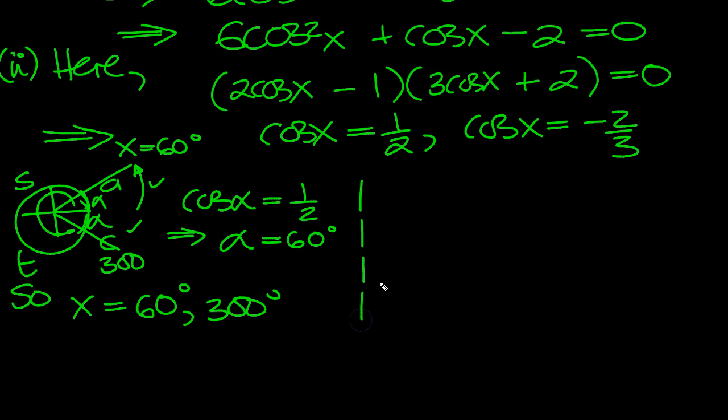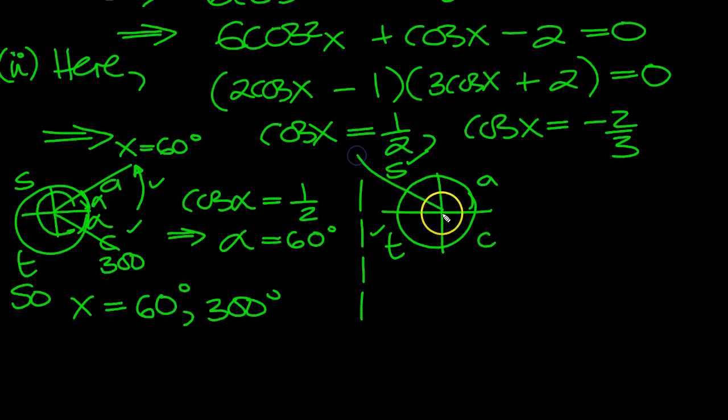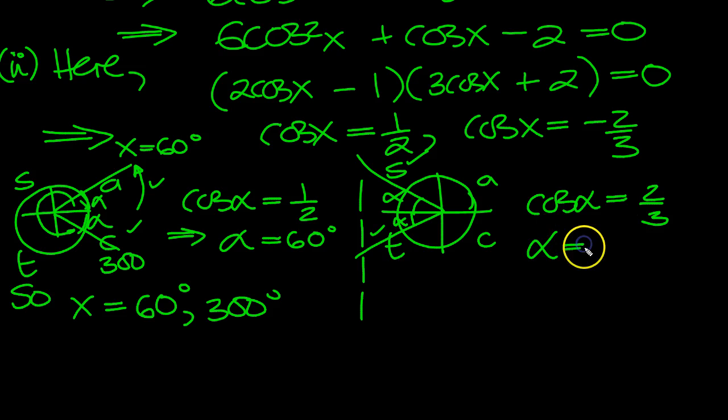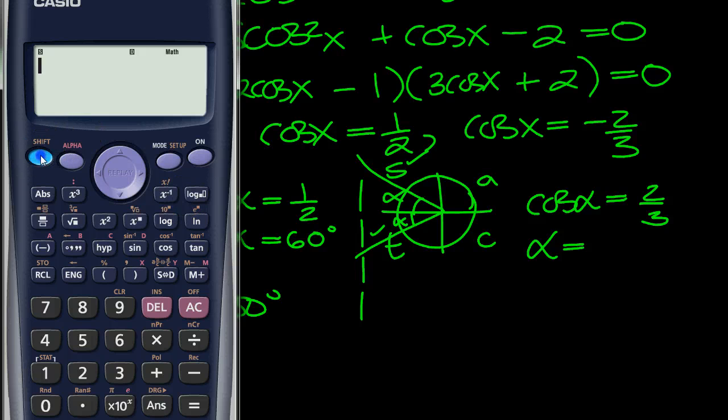Let's have a look at the next one. So again, draw a circle. Same thing, CAST. Cos is negative here, so it's negative here and here. Draw two lines, mark off alpha, the associated acute angle, and simply write cosine alpha and drop the negative if there is one to drop. So alpha will equal, now to the nearest degree, inverse cos of 2 divided by 3.